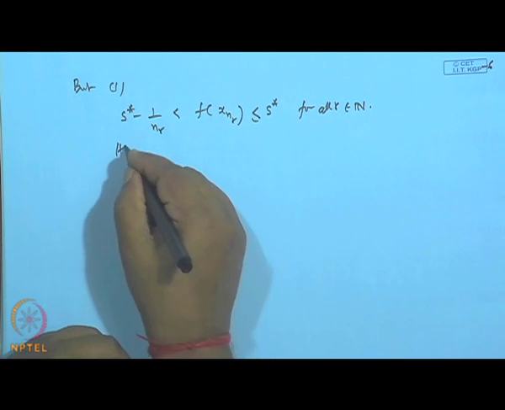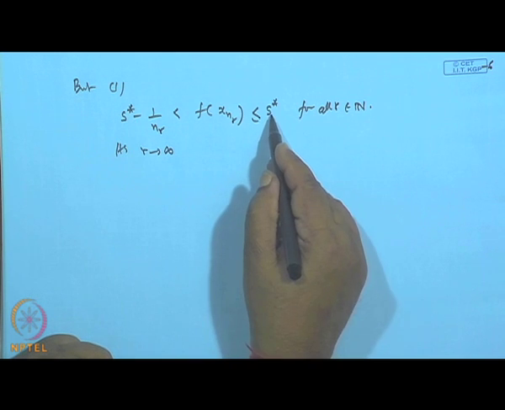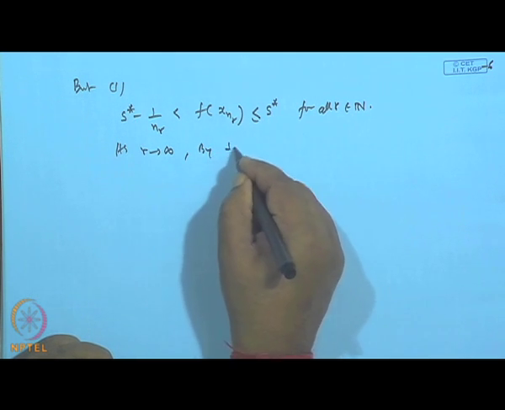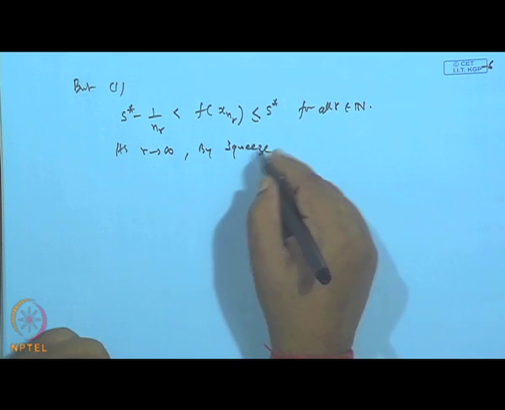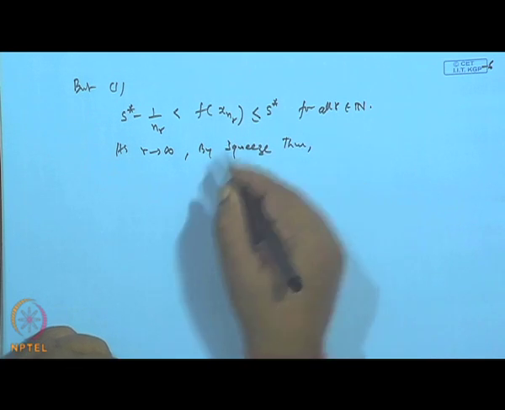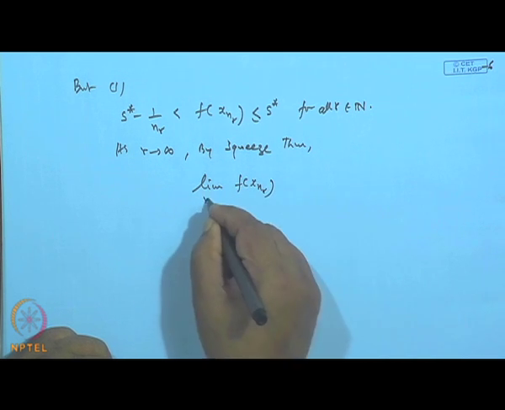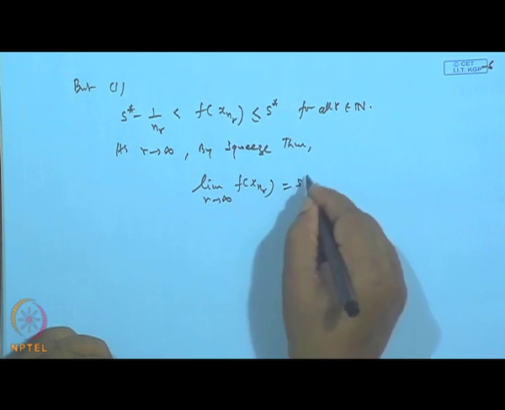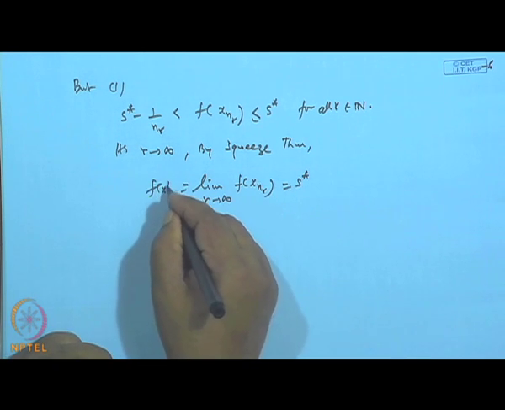Now, let r tend to infinity. So, this limit is s star, and this is s star. So, by the Sandwich theorem, the limit of the function f(x_{n_r}) as r tends to infinity will be equal to s star, but this limit is nothing but f(x star).